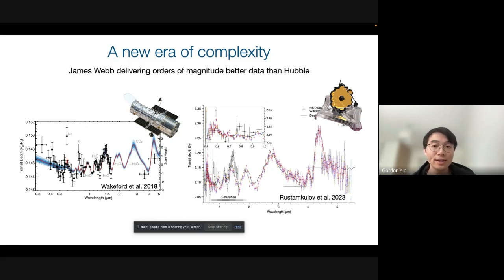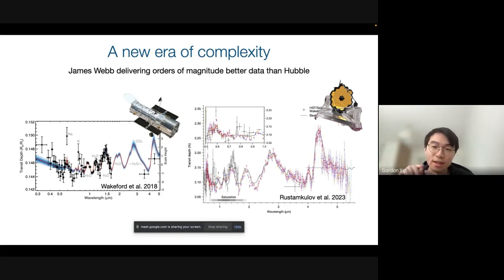And then on your right, the black dots with the error bars are actually coming from Hubble. But the colored dots are actually coming from James Webb, the new telescope that we have in the sky. And you can just see how much detail there is for one observation.